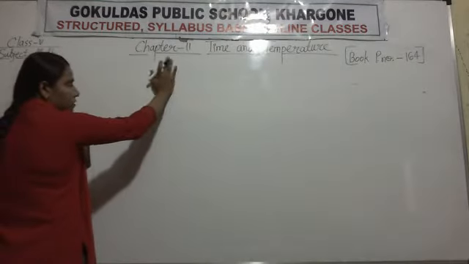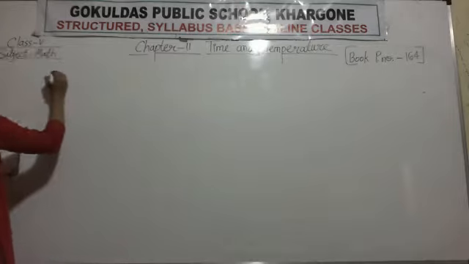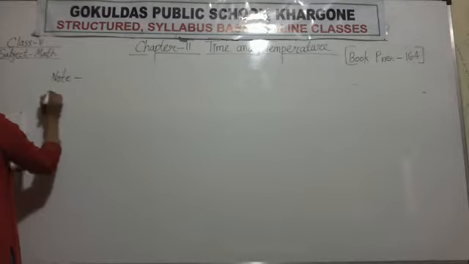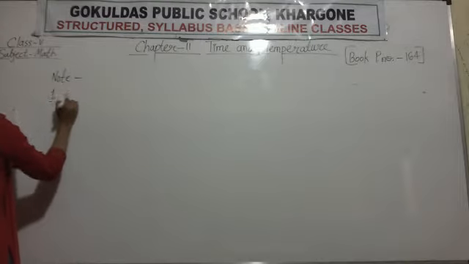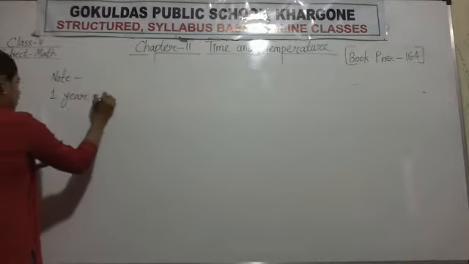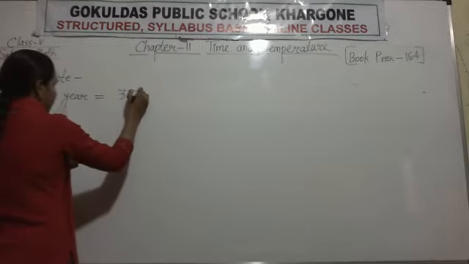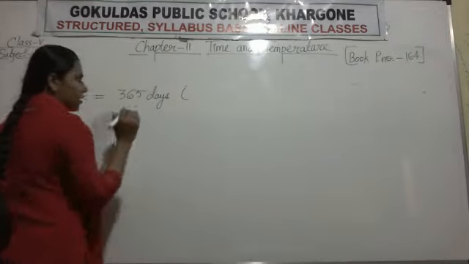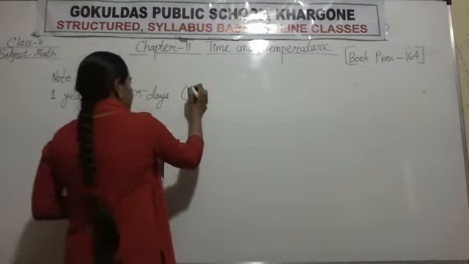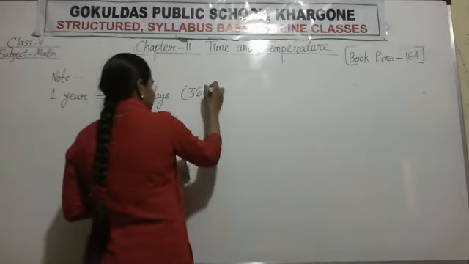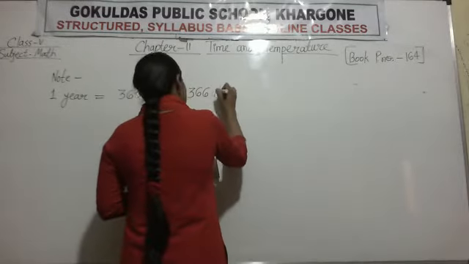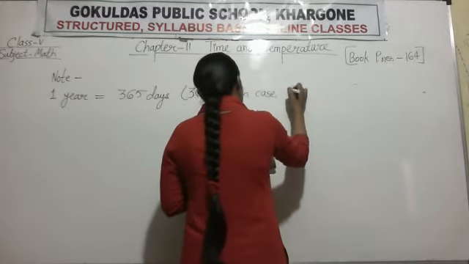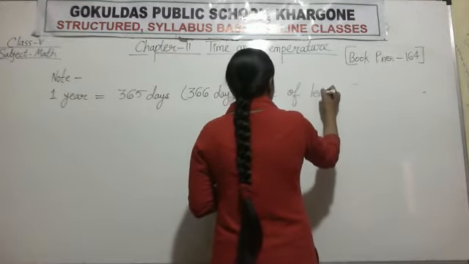Write the chapter name, then you will write note. 1 year is equal to 365 days, or in bracket you will write 366 days in case of leap year.